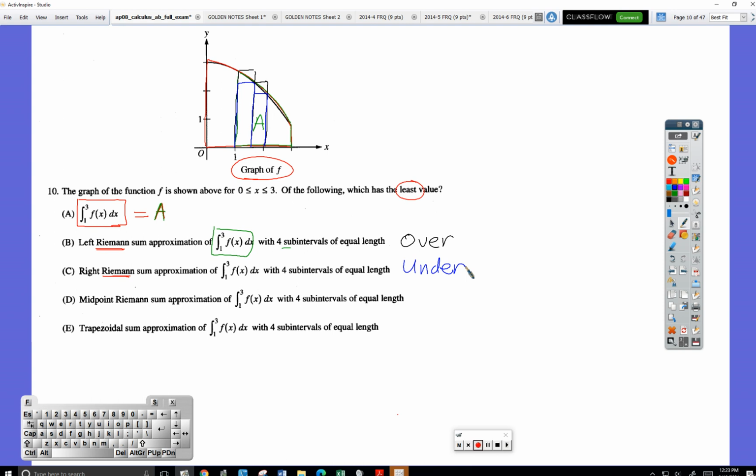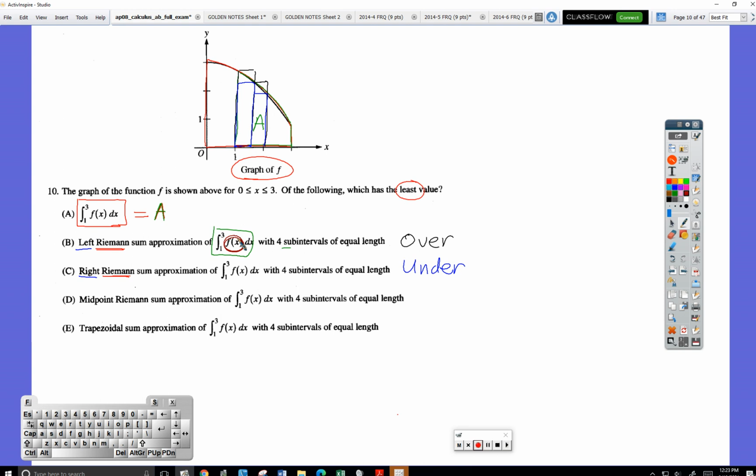How do I know the difference between left and right with Riemann sums? I switched those up on this problem. The wording comes from looking at a graph. You go to the first subinterval. You pick the value of f, whatever you're integrating, on either the left or right of that subinterval.